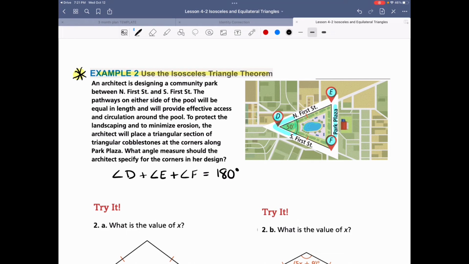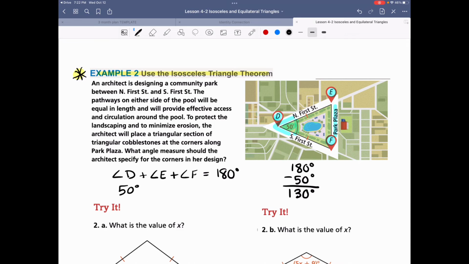So if we know that angle D is 50 degrees, then what do E and F have to be? Well, we would take 180 degrees and minus 50. That gives us, try and do that in your head or on your paper, 130 degrees. Well, that means that E plus F equals 130.